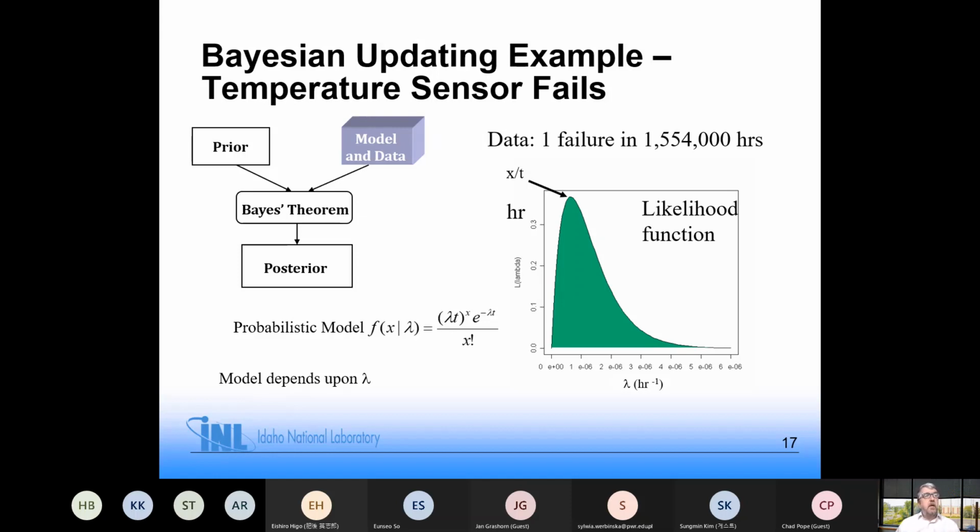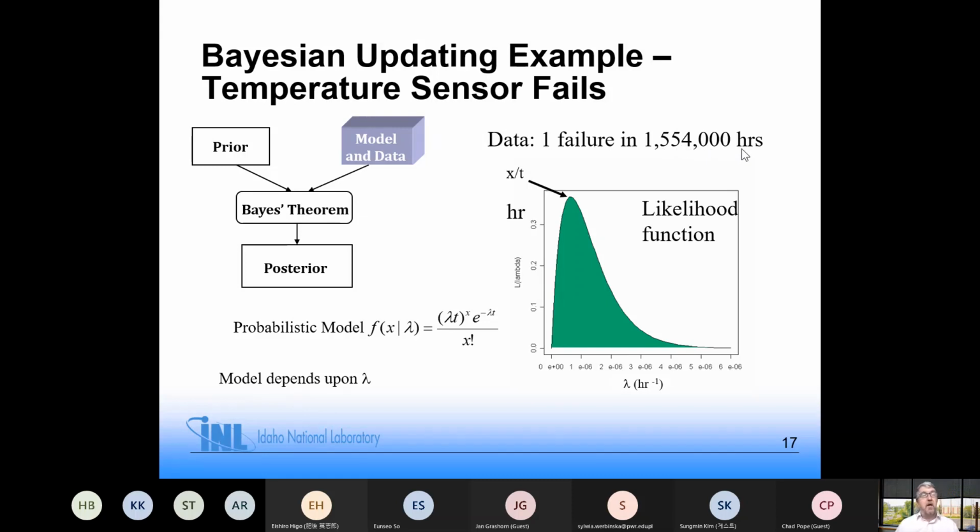And what Poisson data would look like, and again, this is just a hypothetical example, but let's say I have run temperature sensors, and I have a whole bunch of these, and I've run them for a collective total of 1,554,000 hours. So I must have a lot of temperature sensors.